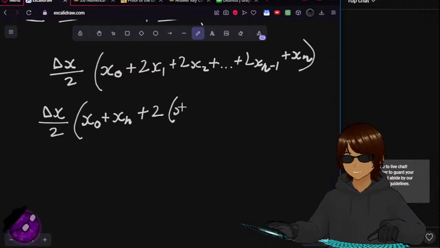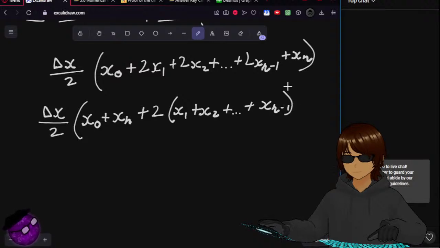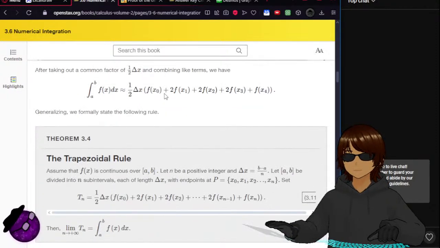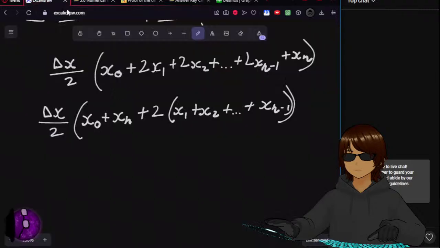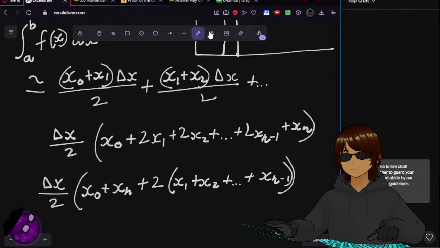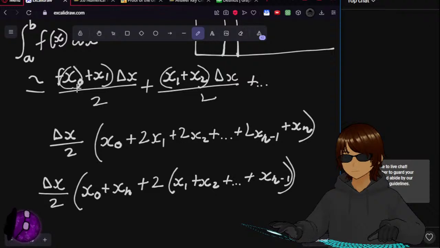This is 2 times, this is what I'm guessing they will do. Whoops, it's not x, it's f of x. You get the point.